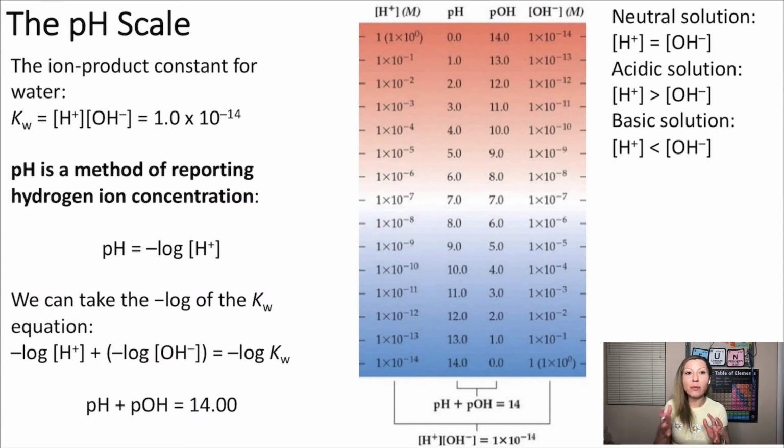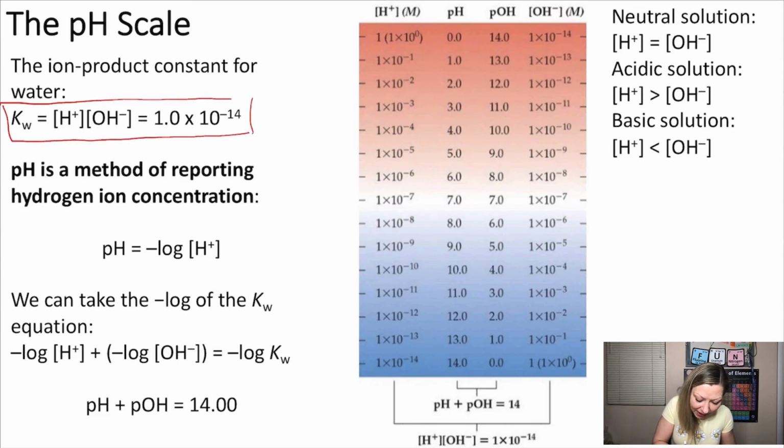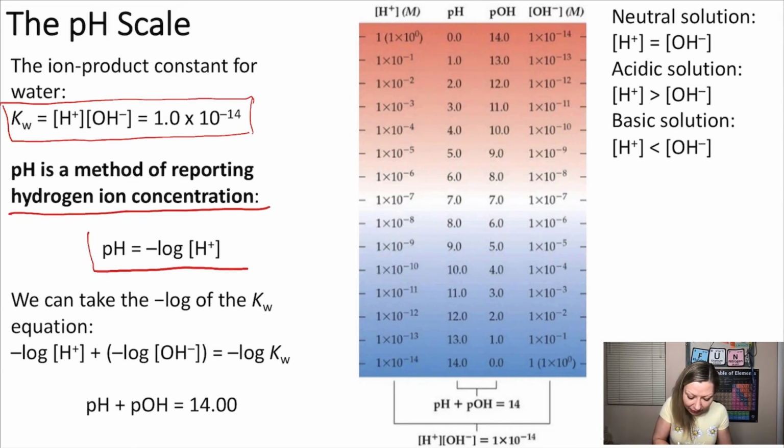The ion product constant for water, this expression right here, helps us understand the meaning of the pH scale. The pH is simply a method of reporting the hydrogen ion concentration. So pH equals the negative log of the H+ ion concentration.